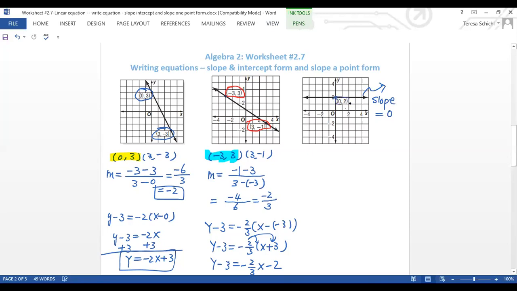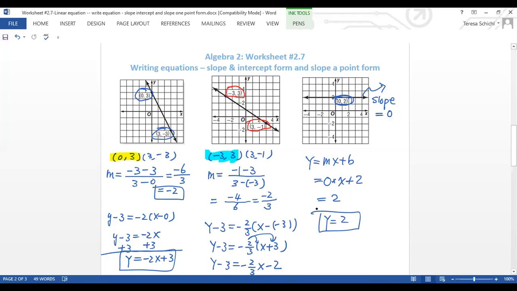So this is really the y-intercept, right? So you should have y equals mx plus b here. The slope is 0, so it's 0 times x. The y-intercept is 2. What is 0 times x? It's 0, so y equals 2. That will be your linear equation.